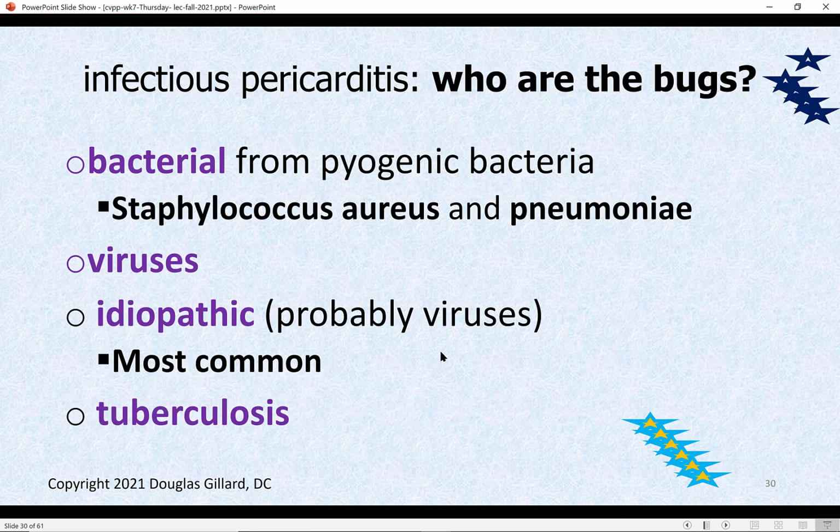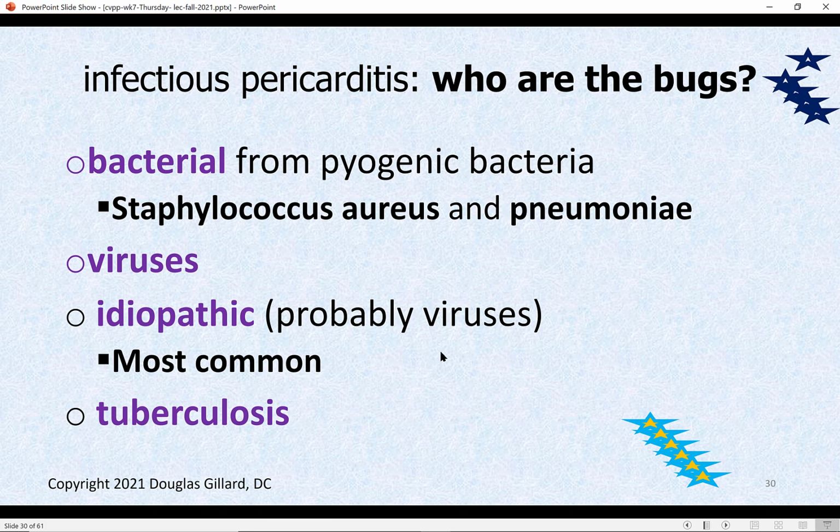Who are the bugs that usually do this? It's usually bacteria. The pyogenic bacteria. Who are the pyogenic bacteria? Staphylococcus aureus, Streptococcus pneumoniae are the two big ones. Viruses can do it. Tuberculosis, not so much in our country, but that can get in it. Tuberculosis is a pesky bug, isn't it?